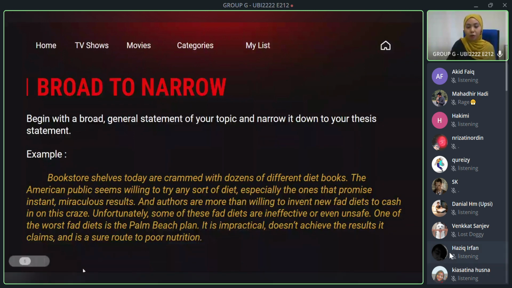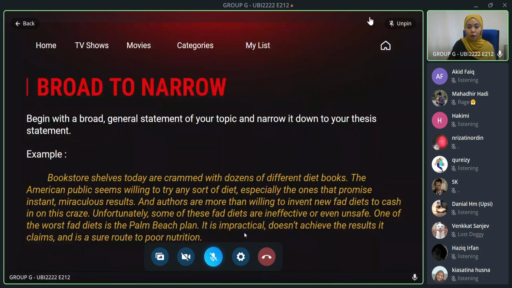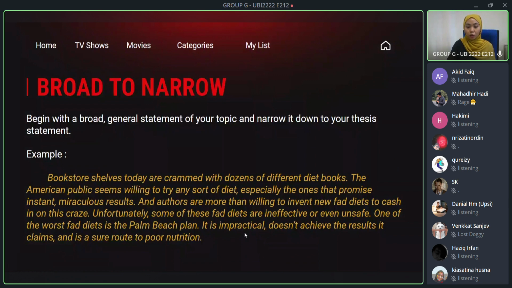The second paragraph that comes right after would be main point 1. So the writer is going to be talking about how the Palm Beach plan is impractical. Perhaps the way the diet is carried out is not so feasible. It is impractical. People basically cannot do it. Doesn't achieve the results it claims: main point 2 will be the third body paragraph, and the writer is going to describe more about it.